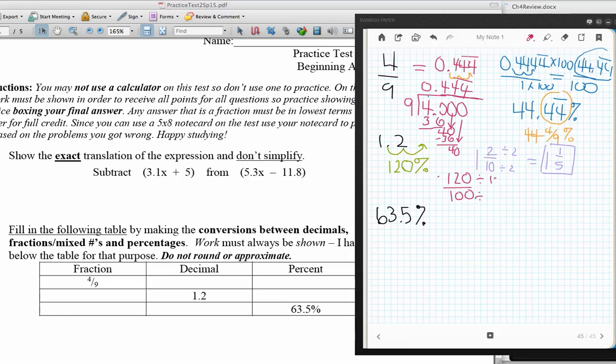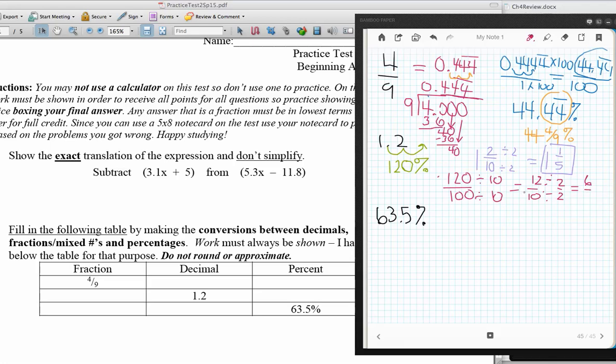So that would give me 12 divided by 10. And then I can look at these and they can both be divided by 2 again. So this is going to be 12 divided by 2, which is 6, and then 10 divided by 2, which is 5.